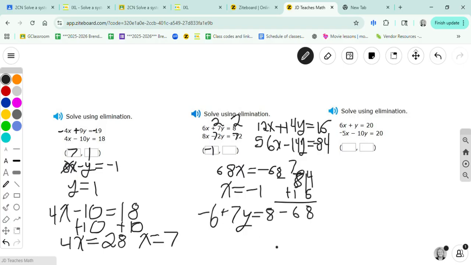We will add 6 to both sides and get that 7y is equal to 8 plus 6, which is 14. If we divide both sides by 7, we get that y equals 2.